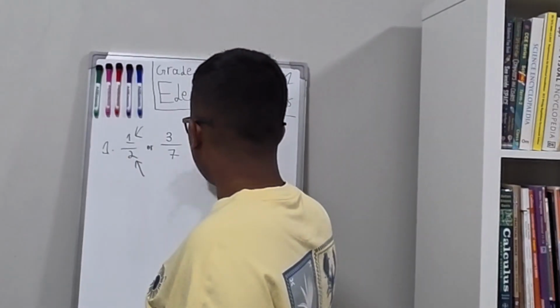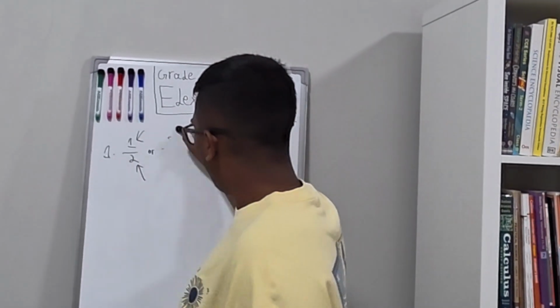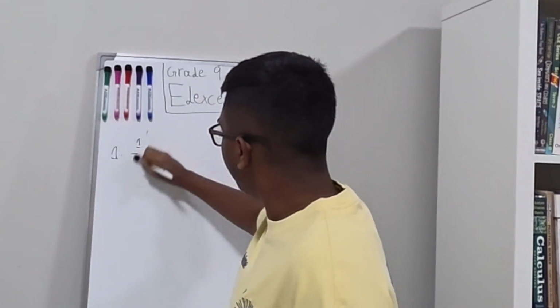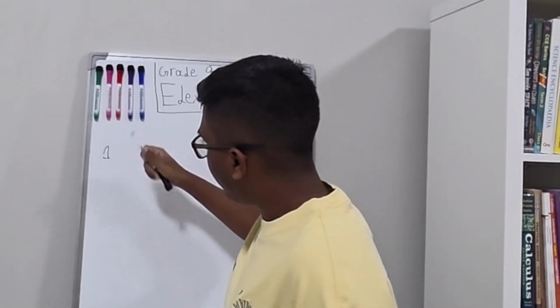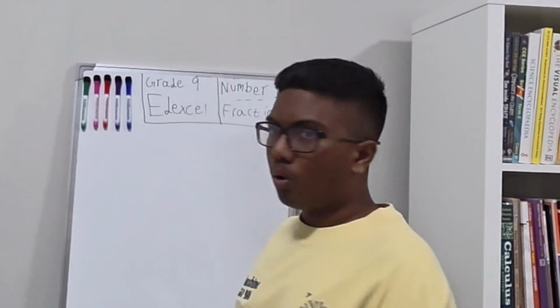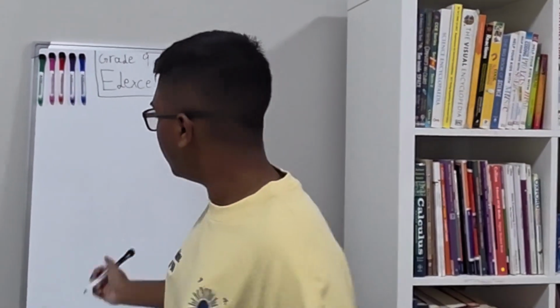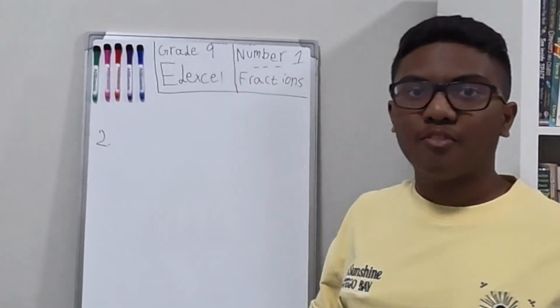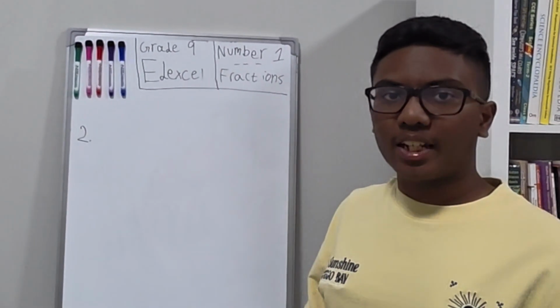This is because fractions are just one part, the numerator, divided by another part, the denominator. So 1/2 is equal to 1 divided by 2. Pretty simple, isn't it?